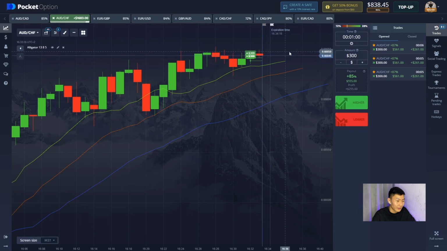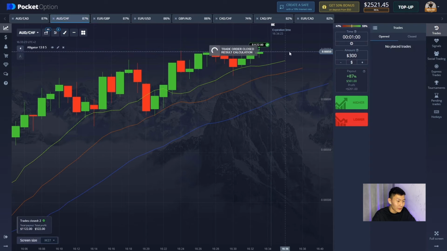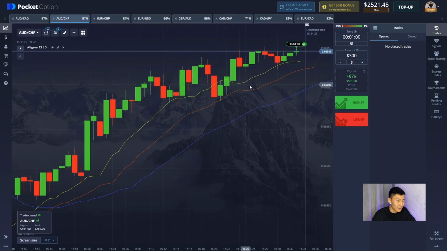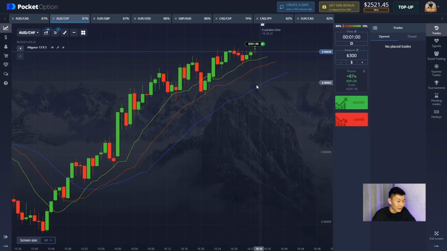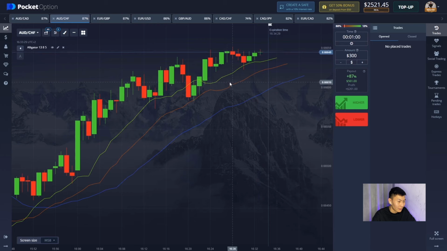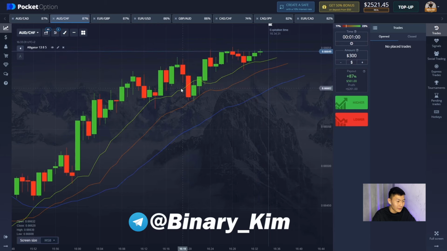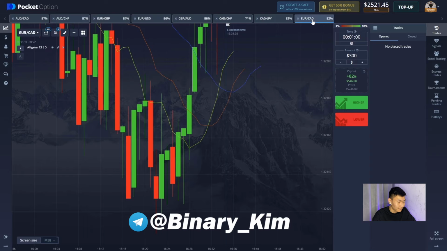Never be afraid, guys. If you are confident and know this indicator's principle of work, then you will definitely end up in profit. Plus 500 we got out of this trade. Let's change the currency pair and find an optimal trade entry, guys.